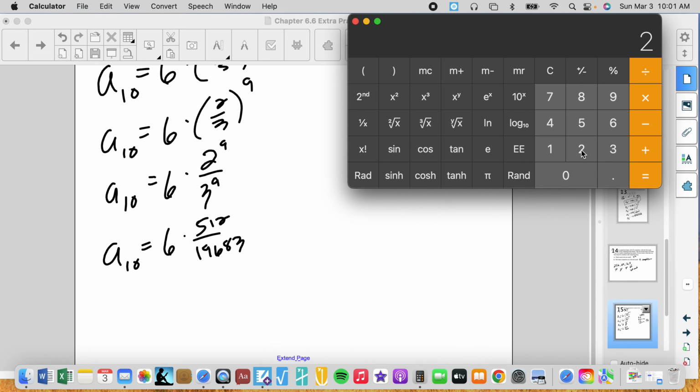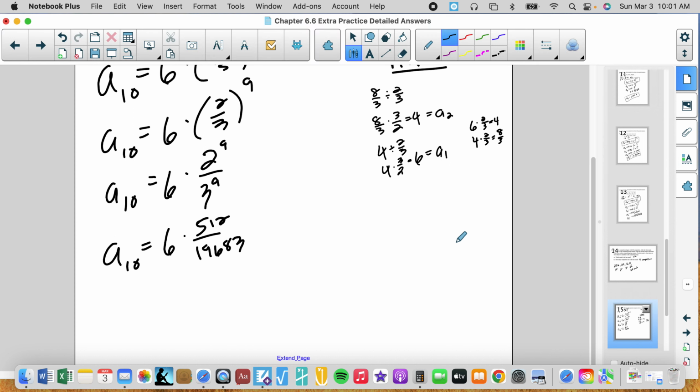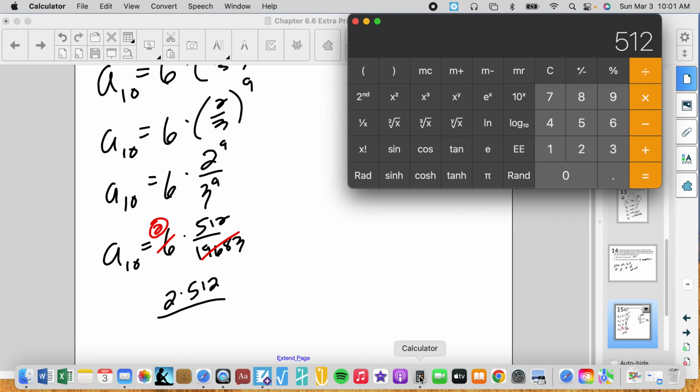2 to the 9th. All right. And then we know that 3 goes into both of those, so 3 goes into that 2 times, and we're going to divide that by 3, which is 2. Let's go back to our 3 to the 9th power and divide by 3.